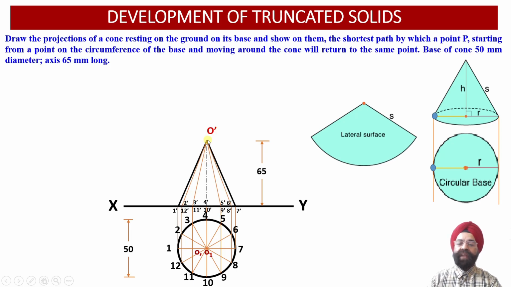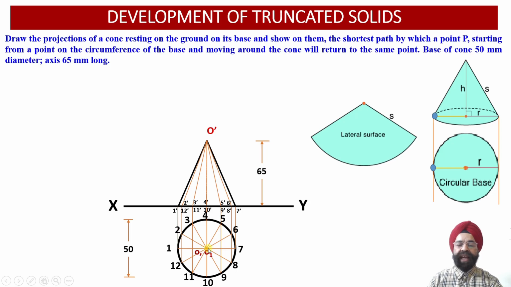So once again, now we have obtained 12 points corresponding to the base in the front view projections. Apex point has also been located. Now this apex point and the base points we can connect over here. So the moment we connect the 12 points of the base with this apex point, now the 12 slant generators of this particular cone have been evaluated into the front view projections over here.